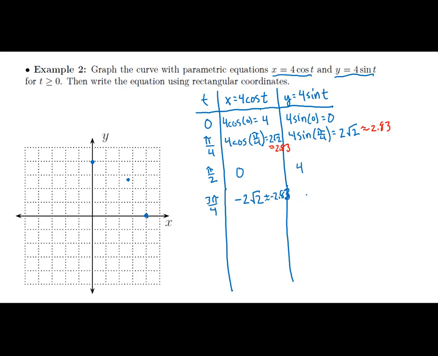And then over here, the sine of 3 pi over 4 is still positive, so that's going to be 2 root 2, which is approximately 2.83. So now I go to the left 2.83 and up 2.83, puts me right about there. And then pi, we're at (negative 4, 0).